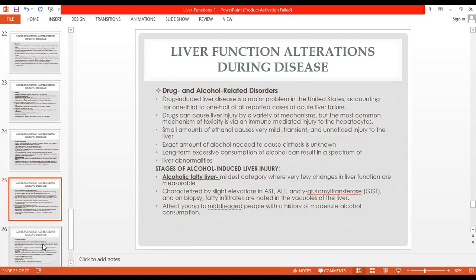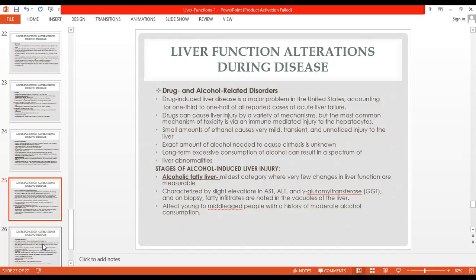Down to the last disease, which is drug and alcohol-related disorder. The liver is a primary target organ for adverse drug reactions because it plays a central role in drug metabolism. Many drugs are known to cause liver damage, ranging from very mild transient forms to fulminant liver failure.